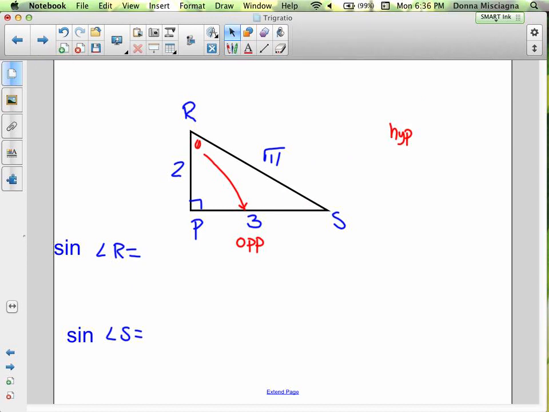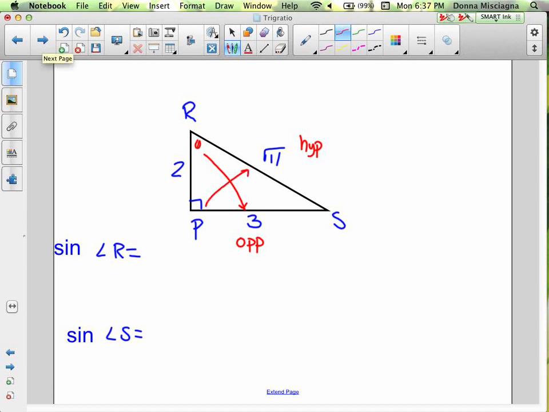And of course the hypotenuse is always opposite the right angle. So the sine ratio for angle R is going to be 3 over the square root of 11. And of course we have to rationalize. So we'll multiply by square root of 11 over square root of 11, which is 3 square roots of 11 over 11. And if you remember correctly, that was the cosine ratio for angle S, interestingly.